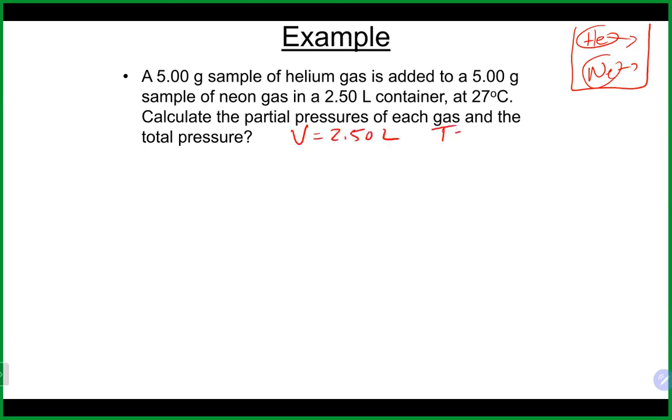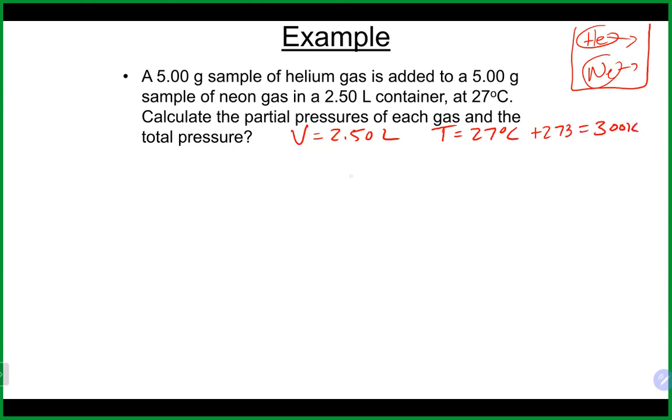The temperature for both of those gases will also be 27 degrees Celsius, since they are sitting in the same container. Since it is a gas law and its temperature, I should convert that into Kelvin. So we'll add 273 to that, and that would get us 300 Kelvin.